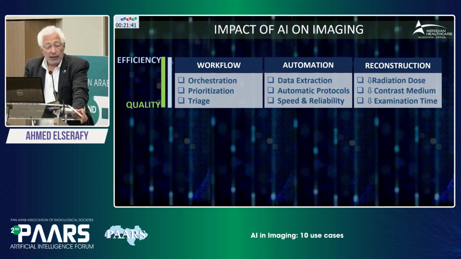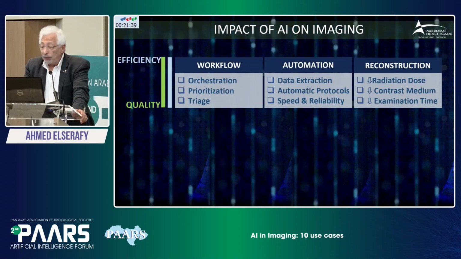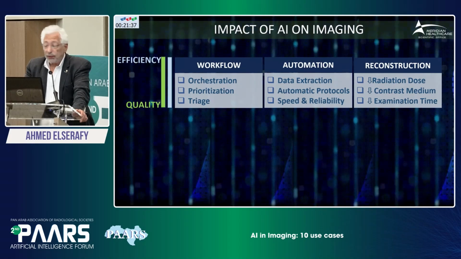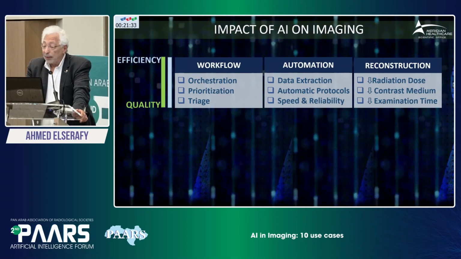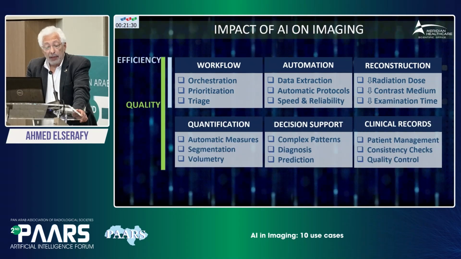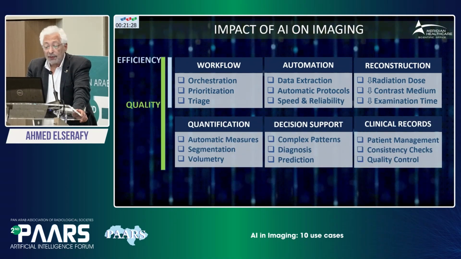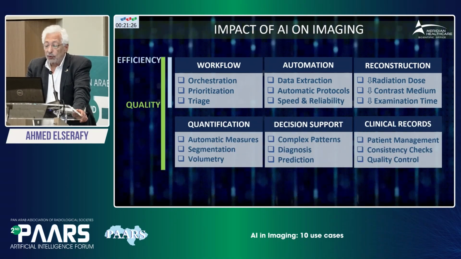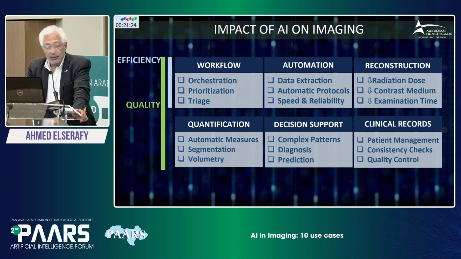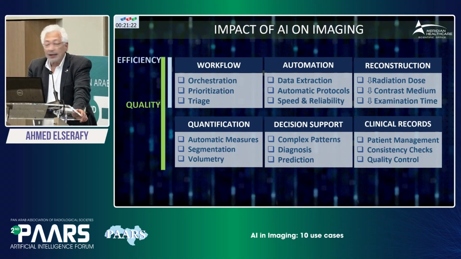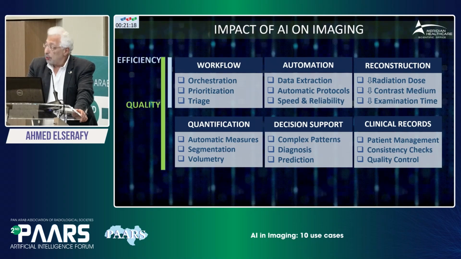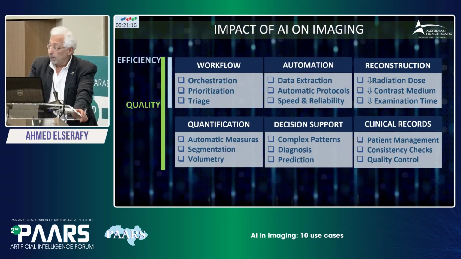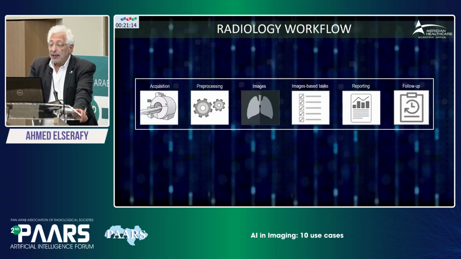So in radiology, how do you improve on efficiency? Through workflow enhancements, through automations, improvement in reconstructions, but also efficiency and quality. Both of them can be improved through quantification abilities, decision support systems, and clinical record improvements. I will show some examples in my top 10 use cases that work in this area.